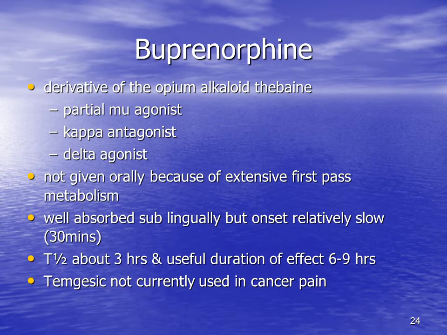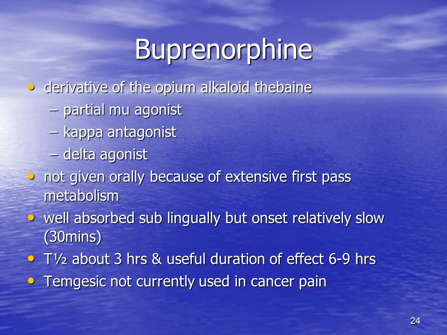Buprenorphine is Norspan. Used to be Temgesic is the oral, or rather sublingual, preparation. So it's a partial mu agonist, kappa antagonist and delta agonist. It's not given orally because of extensive first pass issues. It's well absorbed sublingually. Half-life's fairly short.